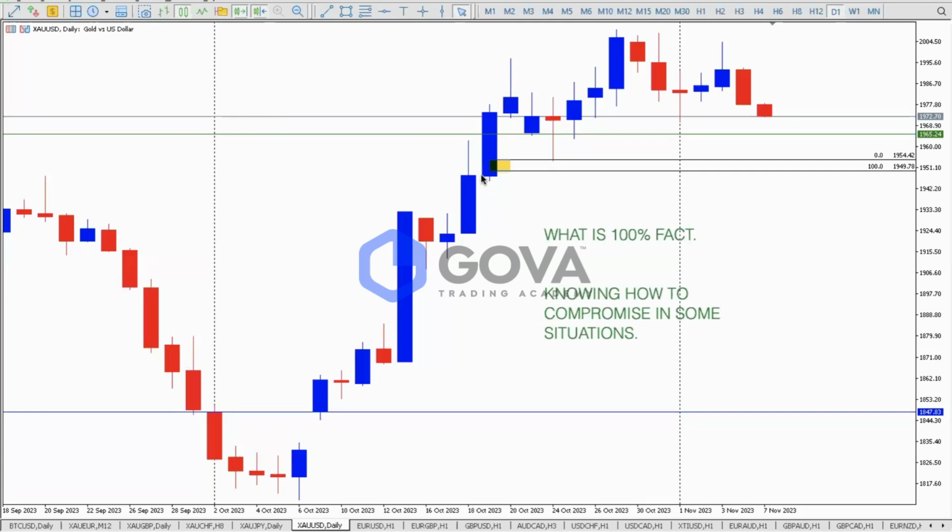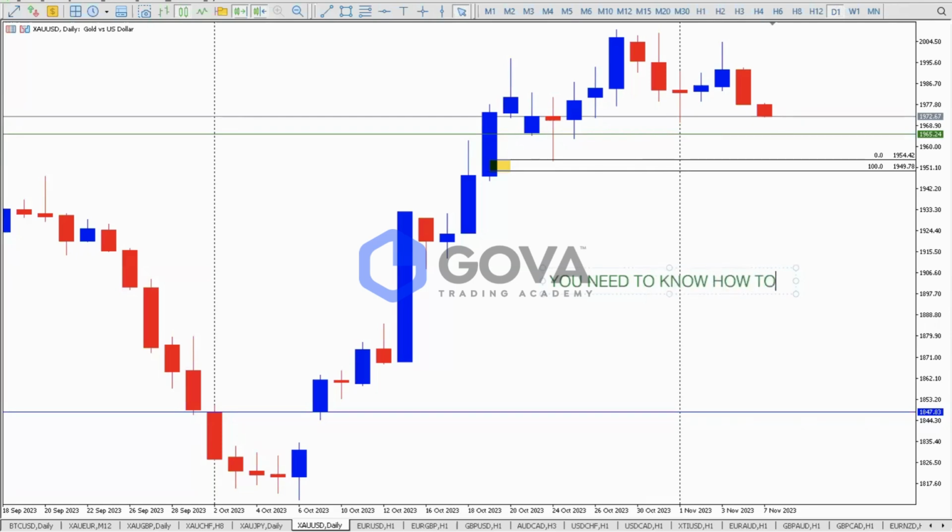Whenever you have a zone at the demand of the candle here, it is stronger than the zone that is sitting on the body of the candle. But what did I teach you guys? I teach you guys that you need to know how to set multiple traps.